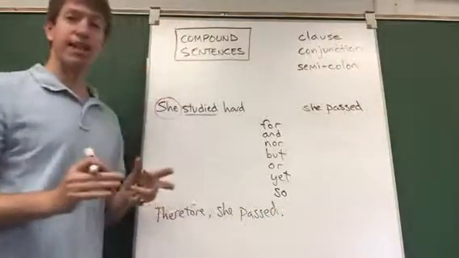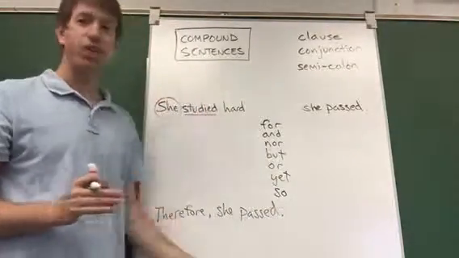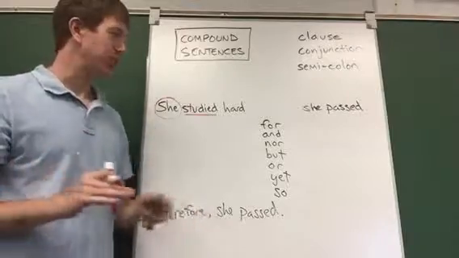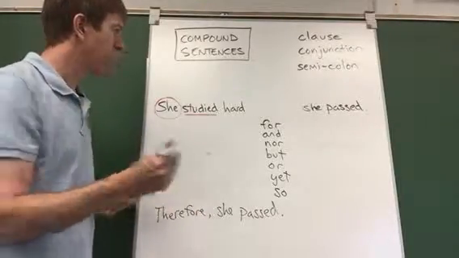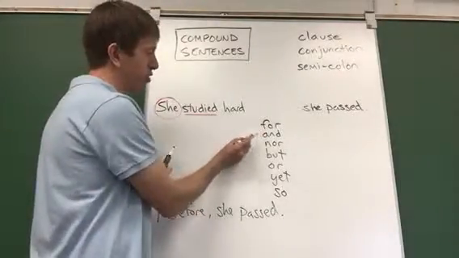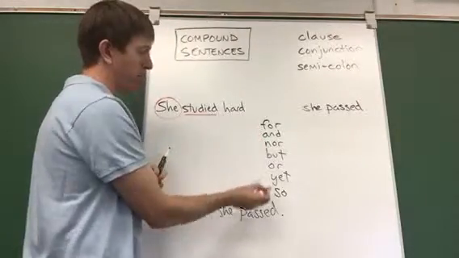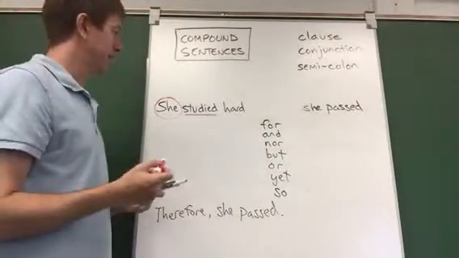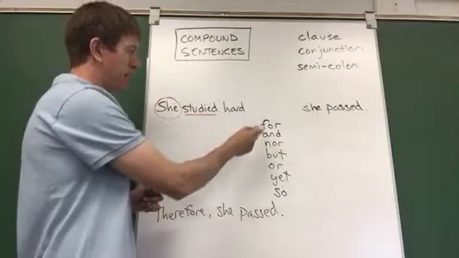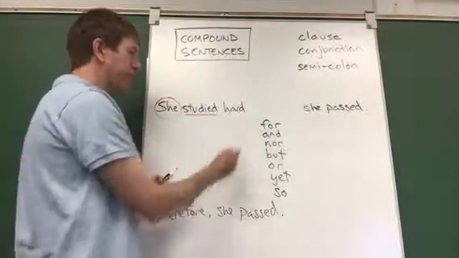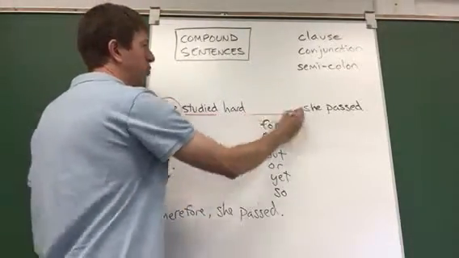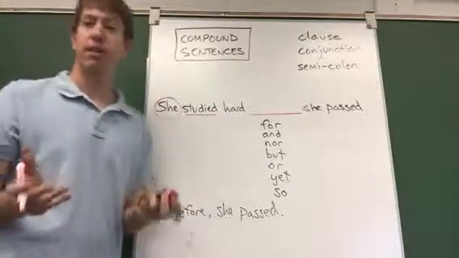You can memorize these because there are only 7 of them. It's never going to change. And one way to remember them is the first letters spell the word fanboys. Fanboys. We could choose one of these and put it right there, and we'll have a compound sentence.